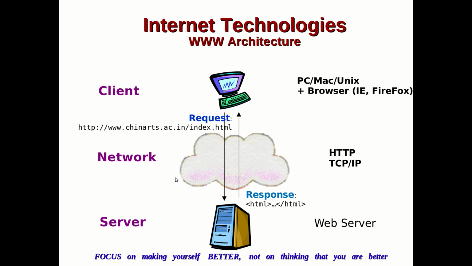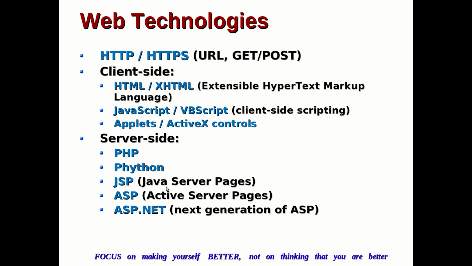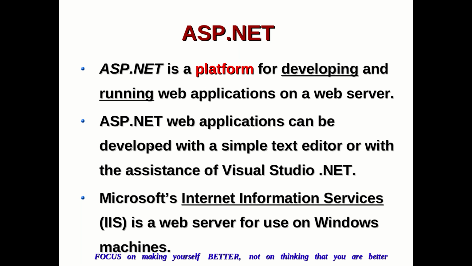We have seen the www architecture is a client server architecture, and what are the different web technologies used on the client side and what are the web technologies used on the server side, also we discussed. We have also seen ASP.NET is a platform for developing and running web applications on a web server.